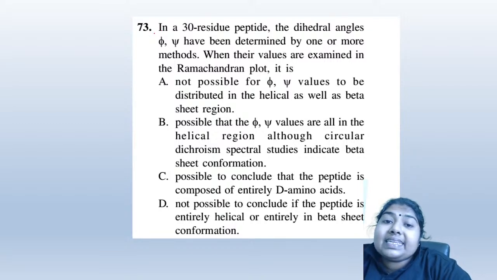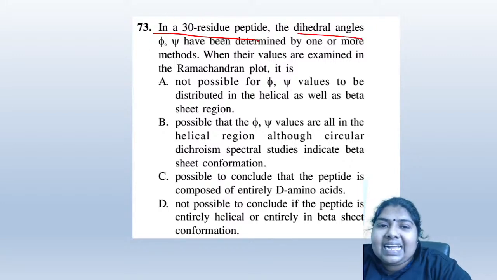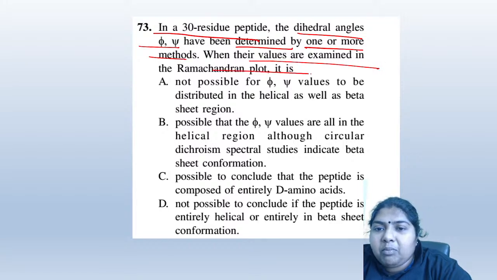Come on guys. In a 30 residue peptide, the dihedral angles phi and psi have been determined by one or more methods. When their values are examined in the Ramachandran plot, it is not possible for the phi and psi values to be distributed in the helix as well as in the beta region.